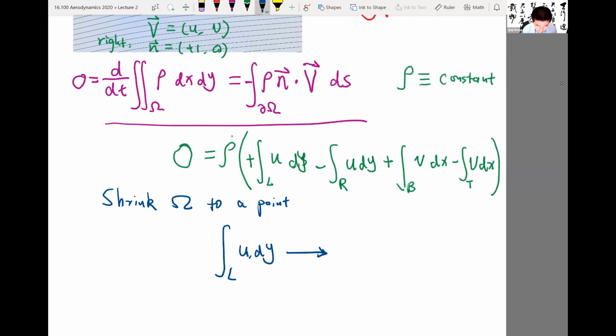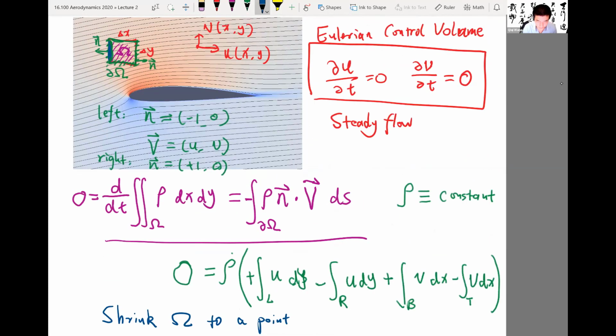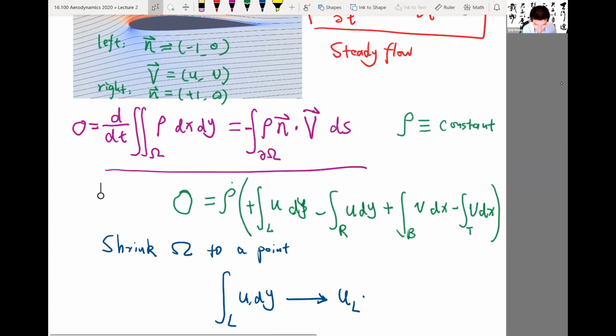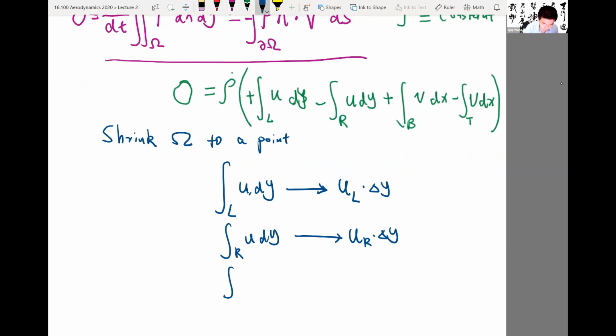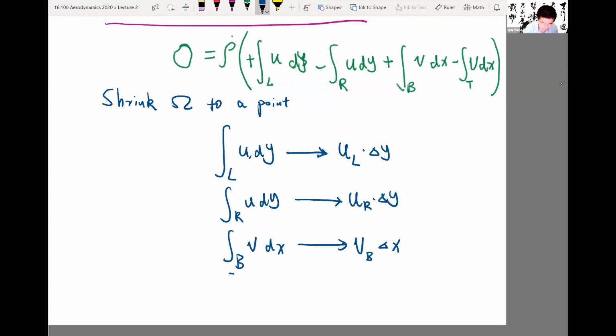So basically what I have is u at the left side of this control volume times the height of the control volume, delta y. My integral on the right of u dy is going to become u on the right of the control volume times delta y, and the integral at the bottom of v times dx is going to become closer and closer to v at the bottom times delta x, and my integral on the top of v dx is going to become v at the top times delta x.